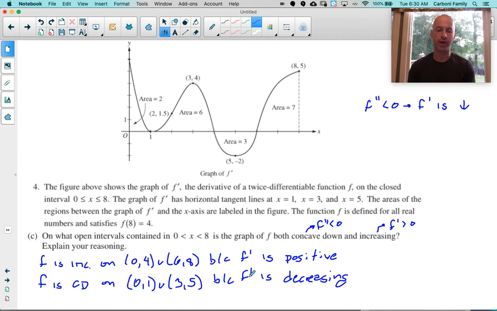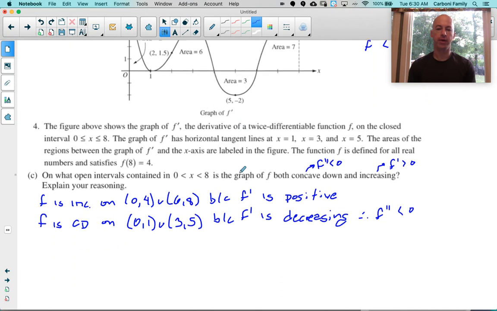Do make sure you write "because f prime is decreasing," because we are looking at f prime. Don't simply say f double prime is negative, because you had to do some thought process. You had to have some interpretation of f prime to make that conclusion. But if you want to say f prime is decreasing, therefore f double prime is negative, you can do that. But you must write down the f prime decreasing part.